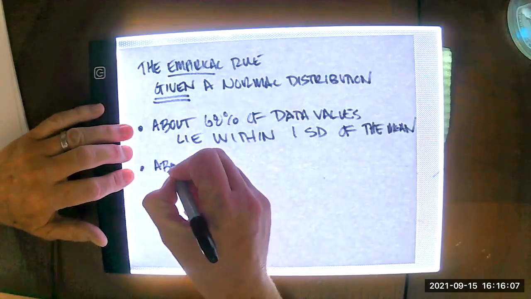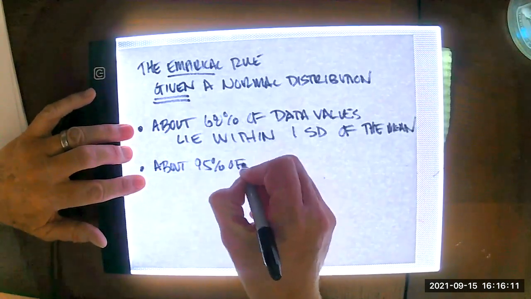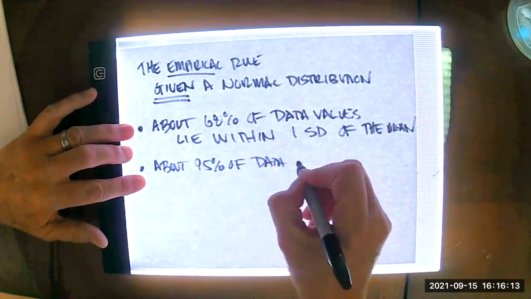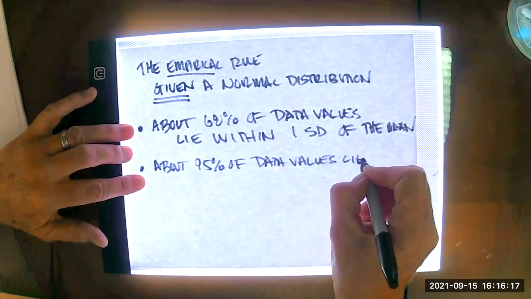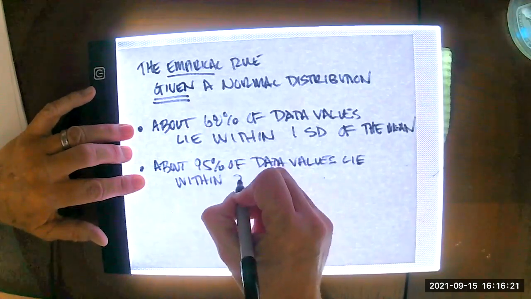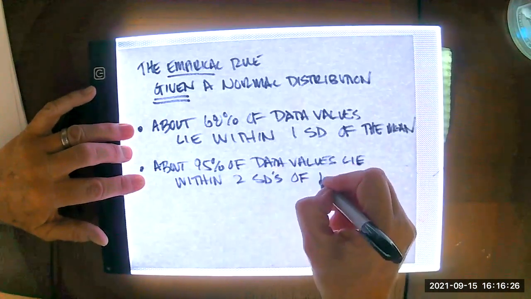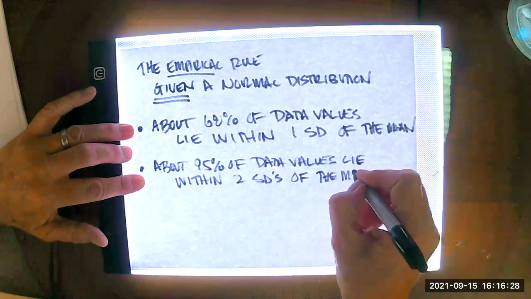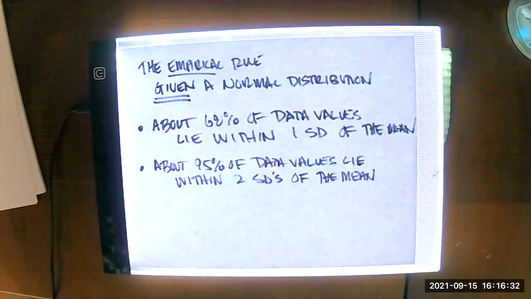About 95% of data values lie within two standard deviations of the mean. You can keep going on with this particular process.